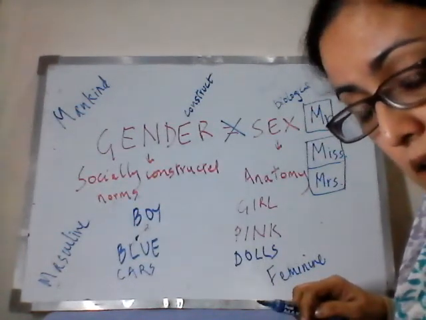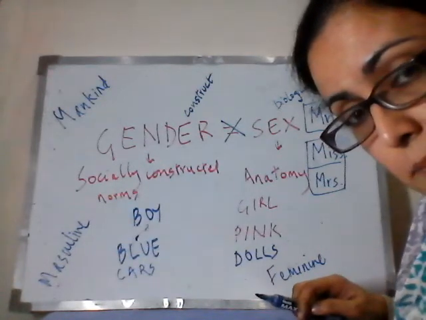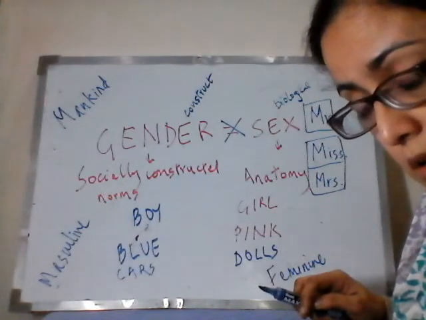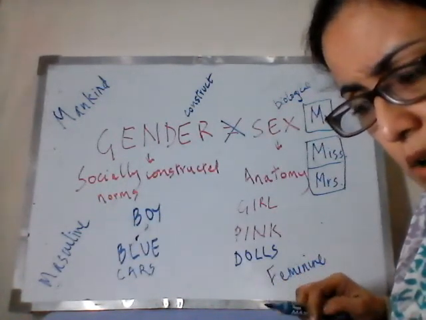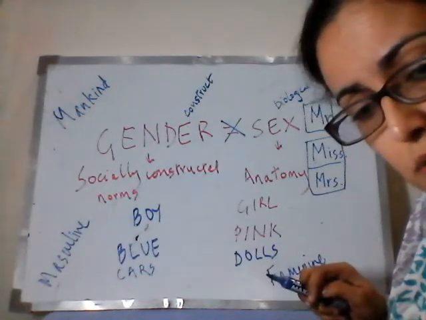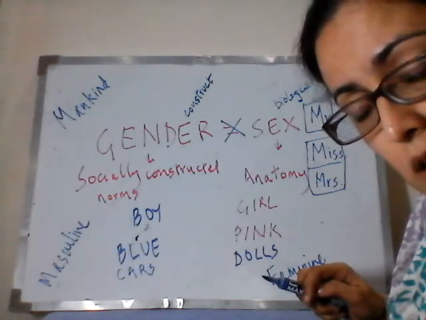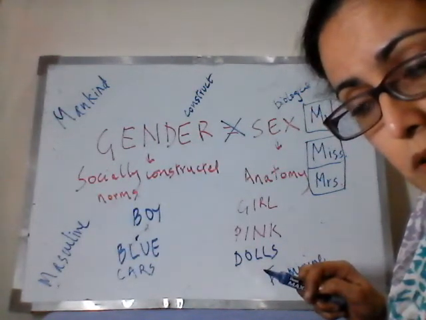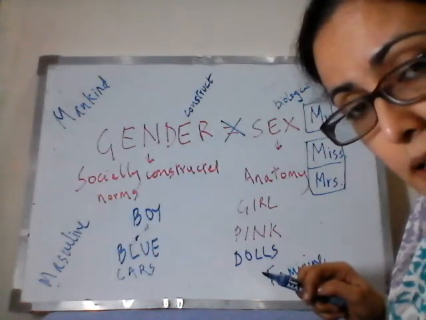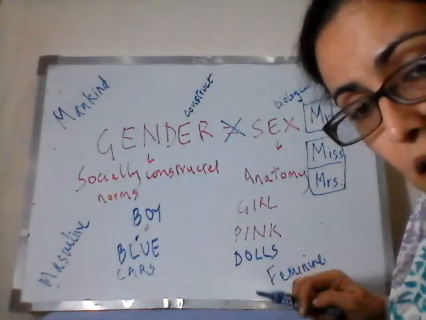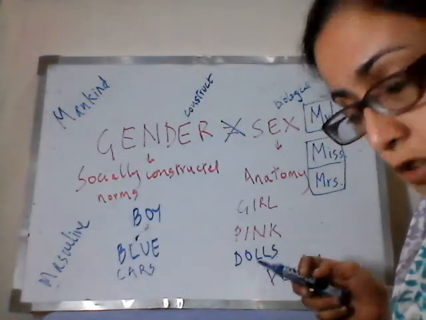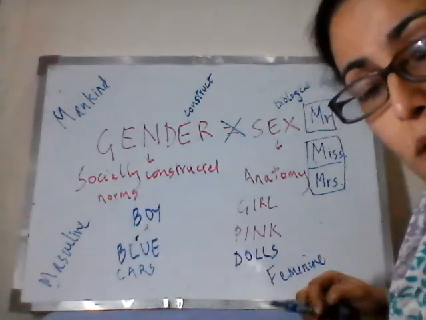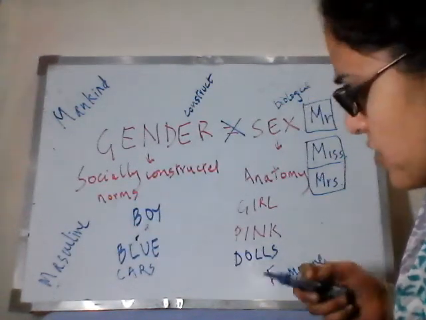They are meant to be trained in a certain manner, whereas men are supposed to be strong, they're not supposed to cry, they're supposed to shoulder responsibilities. That is not an a priori, it's not something which one is born with. It's something which is taught to you. And when the elders repeatedly tell their children how they're supposed to behave, what the expectations are, the children soon catch up.